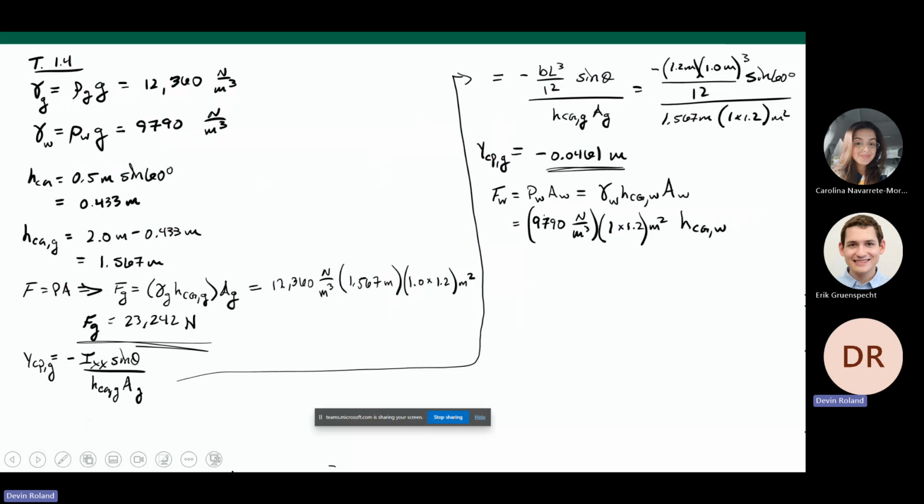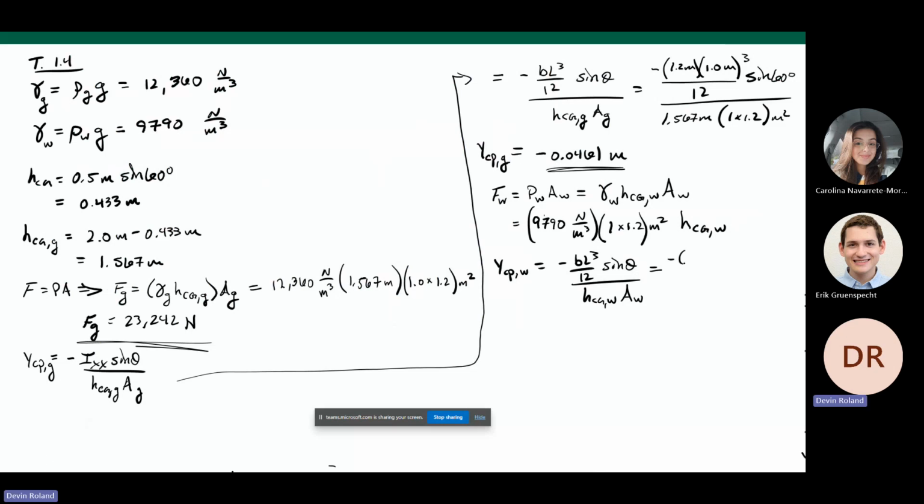So then if we write our line of action distance for water, that's my bad, YCP for water, we'll use that to find the line of action. Then that's going to be the same negative BL cubed over 12 sine of theta over HCG water times area of water.